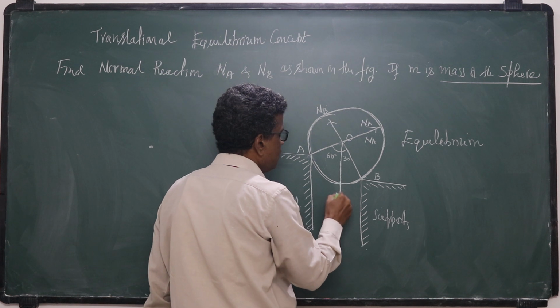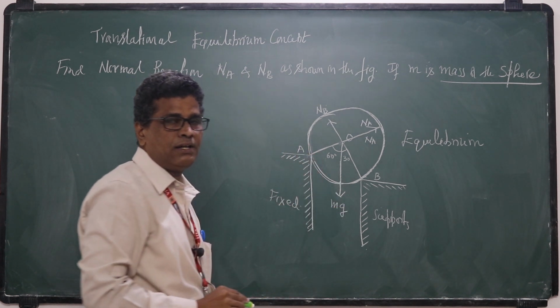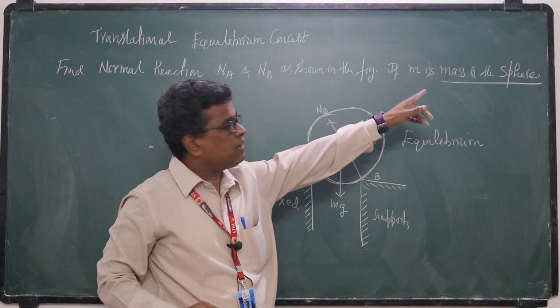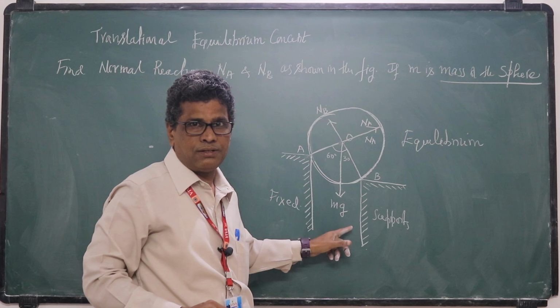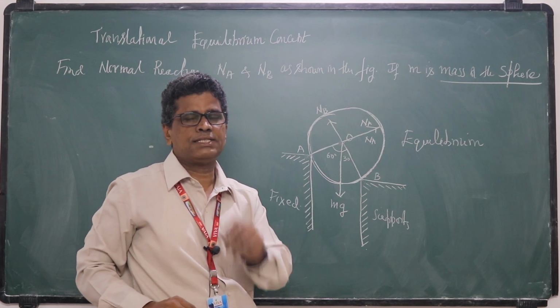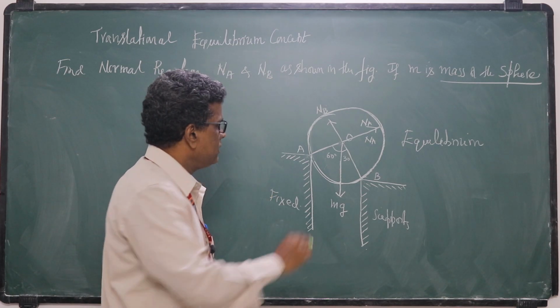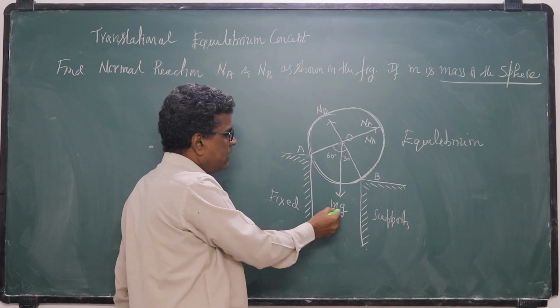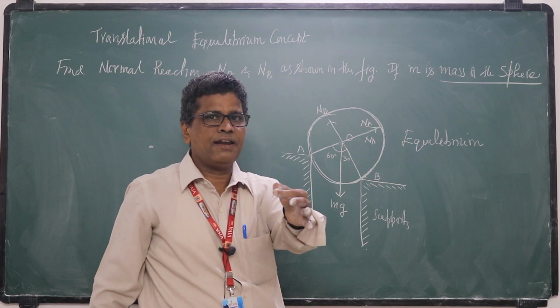Can you say? The weight of the sphere. If M is the mass of the sphere, then its weight is mg. From where will it act? We assume that for symmetrical, small and regular shaped bodies, the entire weight of the sphere acts from its center of gravity.